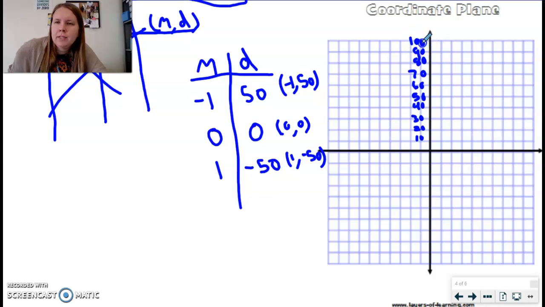I'm going up by increments of 10 because remember my y value has to go up to 50. I'm going to keep the x value though going up by increments of 1. And that's okay. You can do things like that. They don't have to necessarily match up.